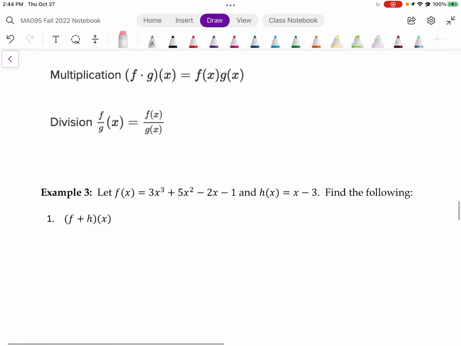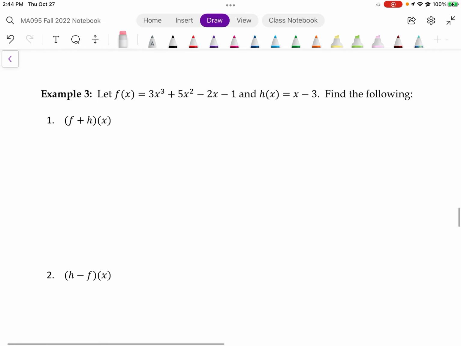Okay, so let's practice this. Let f of x equal this first one and h of x equal the second one. What we're supposed to find is f plus h of x. So pause the video and go up and look and see if you can rewrite f plus h of x. The way you're going to rewrite it is f of x plus h of x. Well, f of x is this one, and h of x is this one.